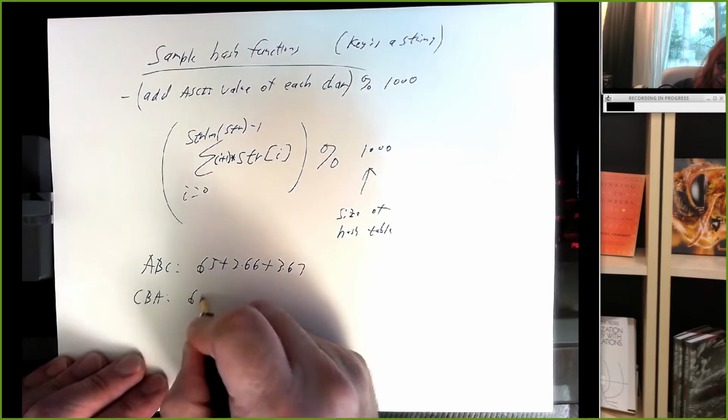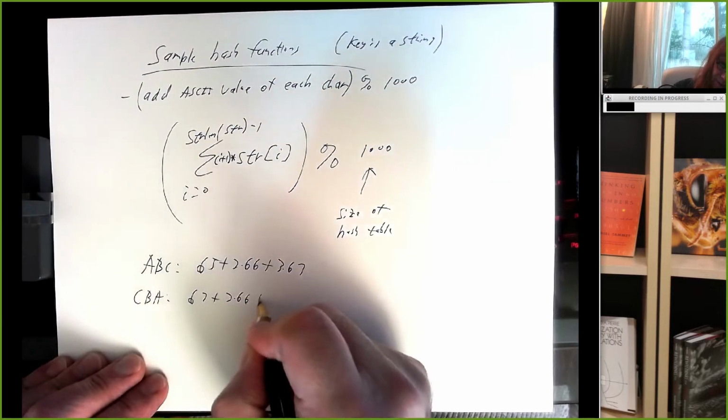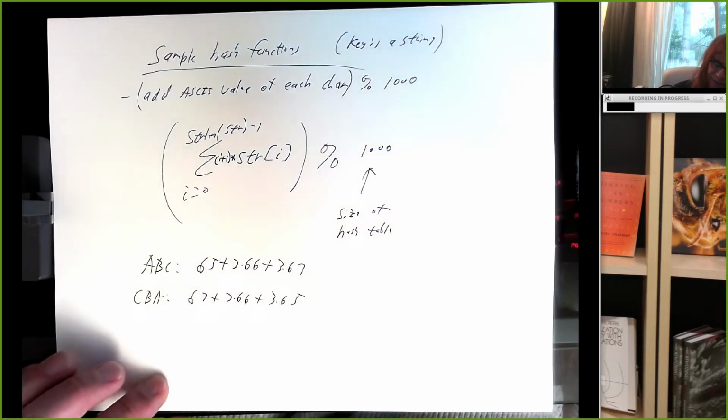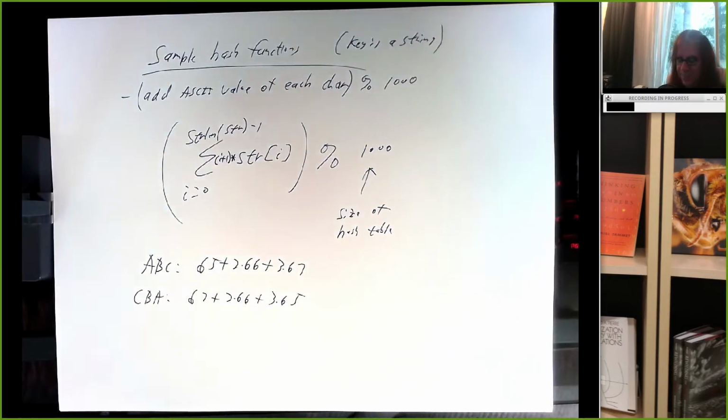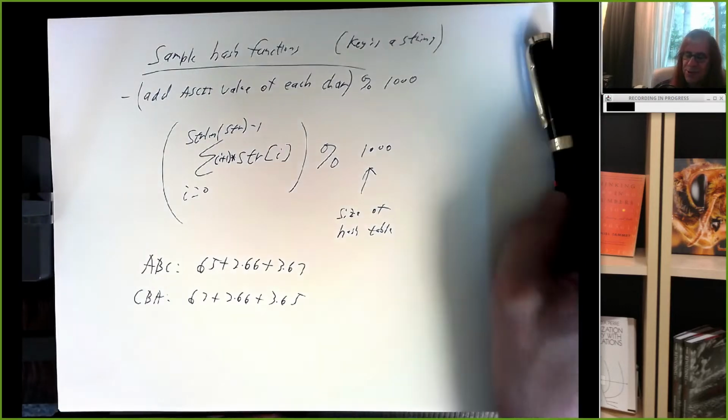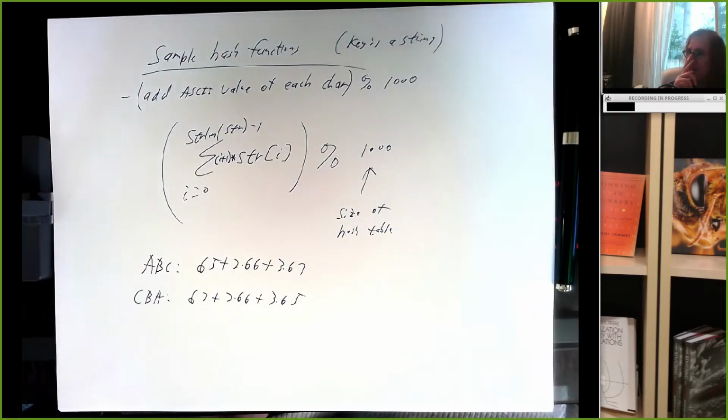CBA would be 67 plus 2 times 66 plus 3 times 65. And those are going to be different values. So the choice of a good hash function really depends a lot on the nature of your data. If you understand the data from which your keys are going to come, you might be able to make a better choice of hash function.